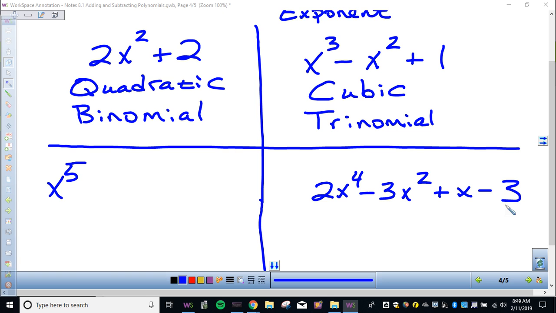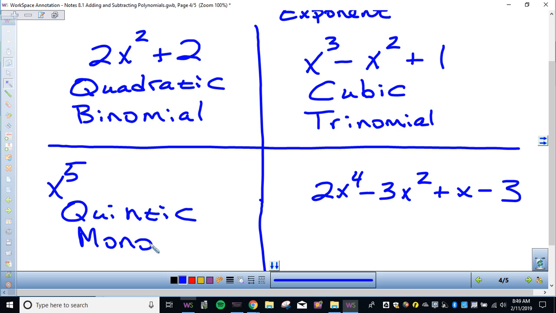So fifth degree is called what? Quintic. One term is called a what? Monomial. So fifth degree is quintic, one term monomial. Fourth degree is called what?